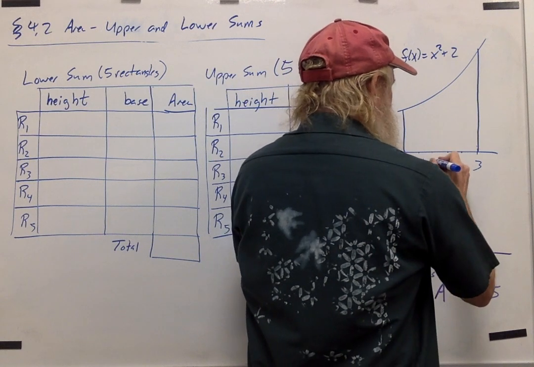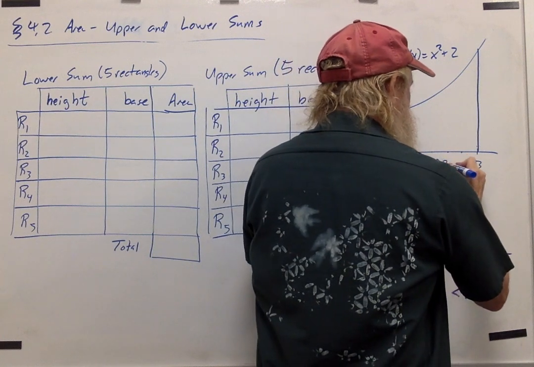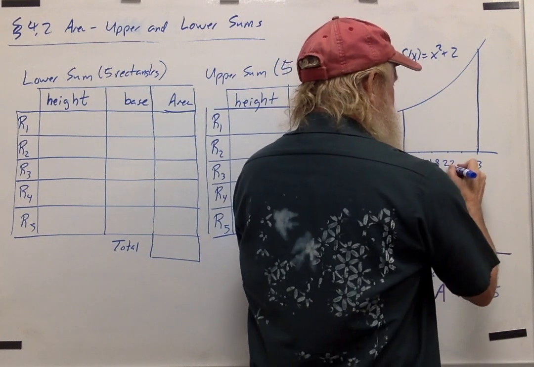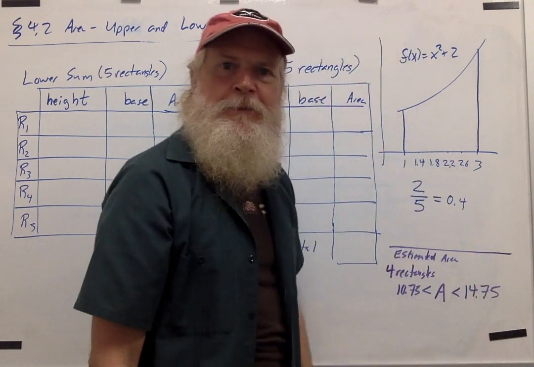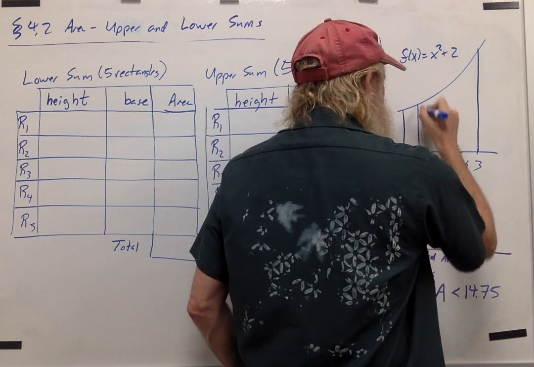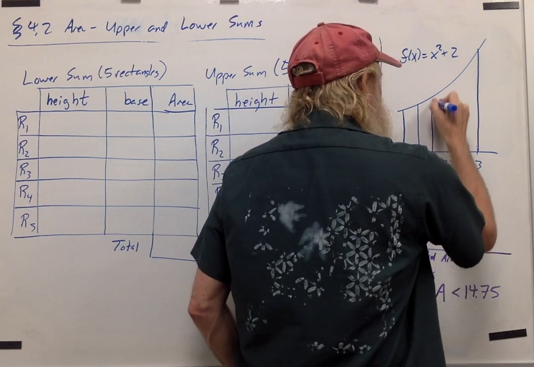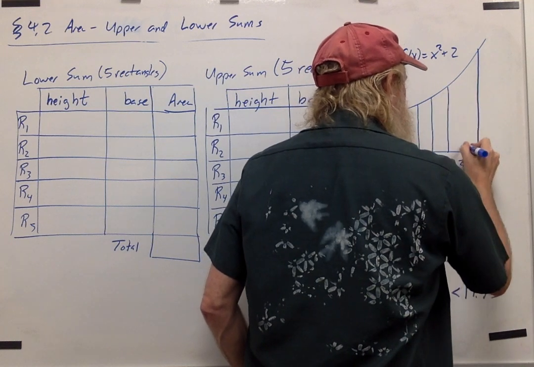adding again, 1.8, again, 2.2, and then 2.6, and then 3. Those are the endpoints I'll use to cut this into 5 strips of equal width.